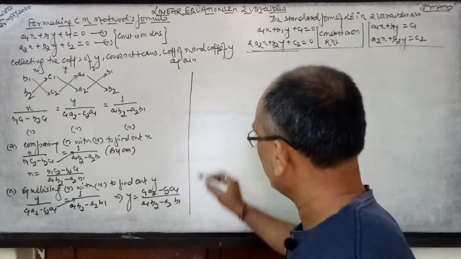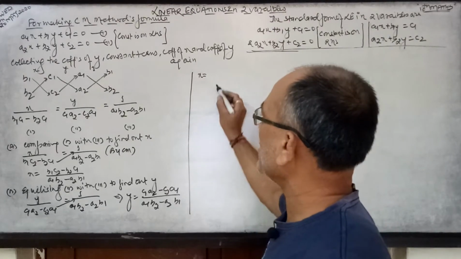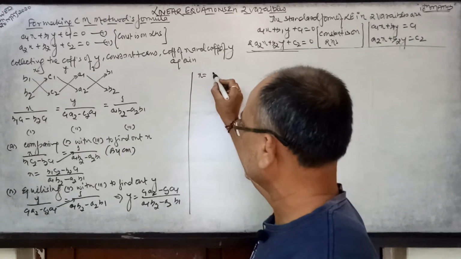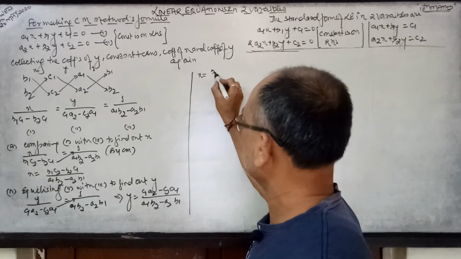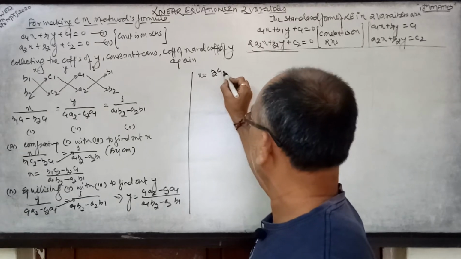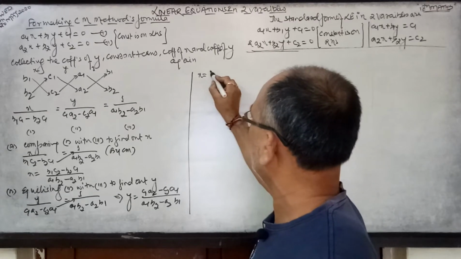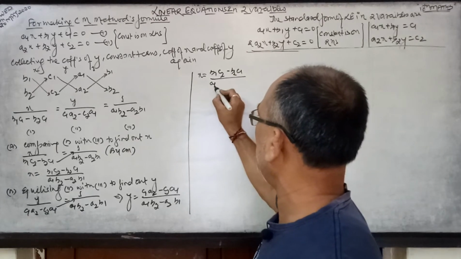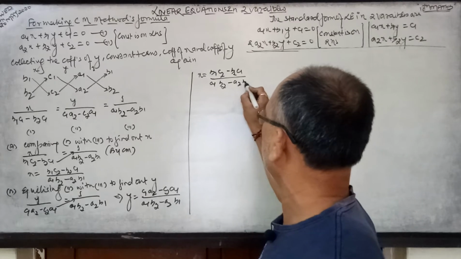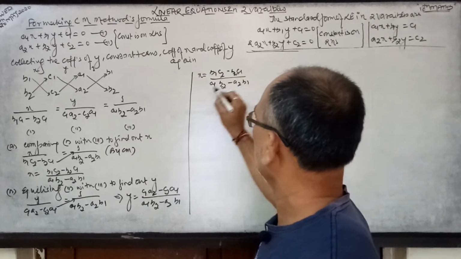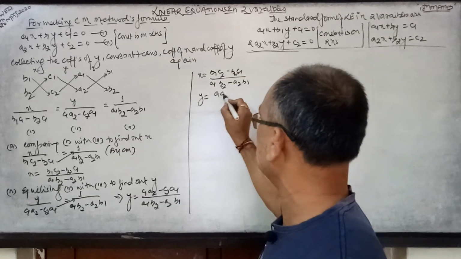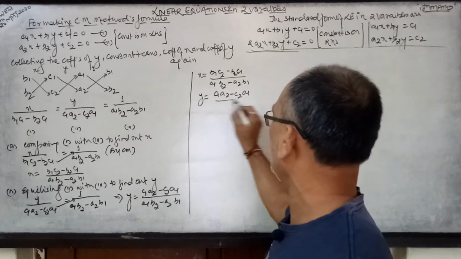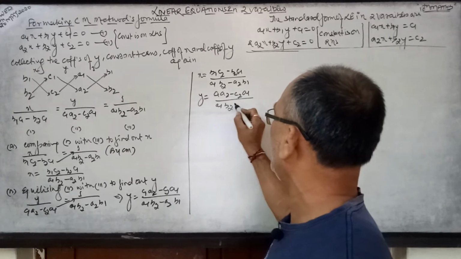So now see, if you have two equations given and you have to find out the value of x by this cross multiplication method, x is b1 c2 minus b2 c1 over a1 b2 minus a2 b1. And the value of y is c1 a2 minus c2 a1 over a1 b2 minus a2 b1.